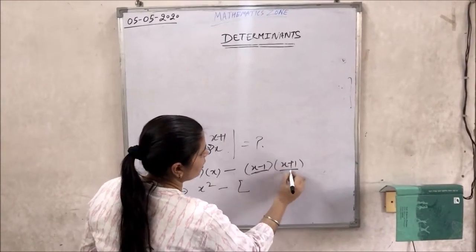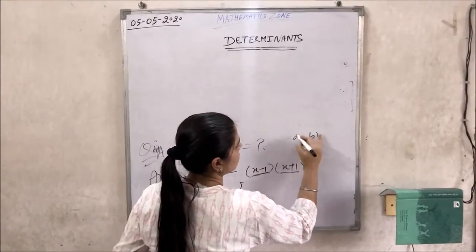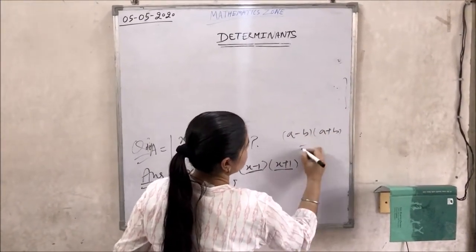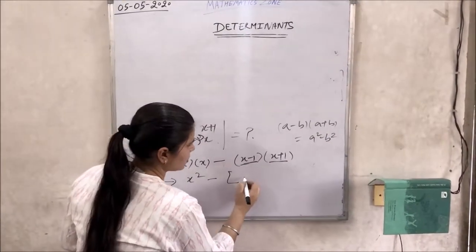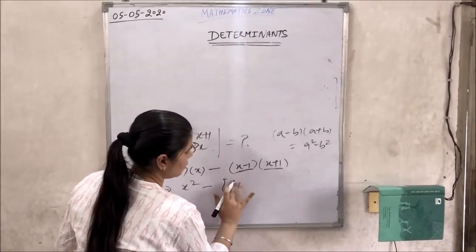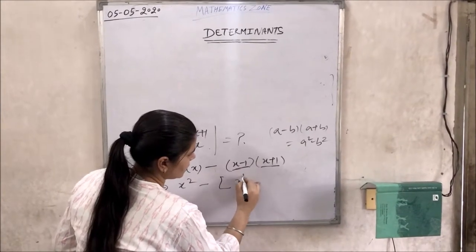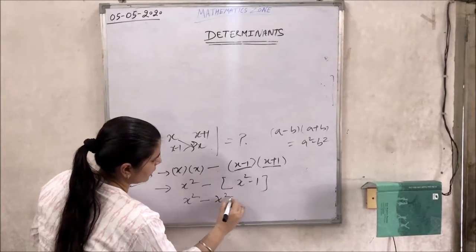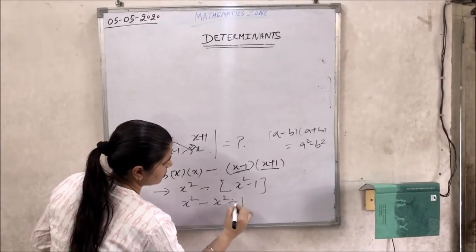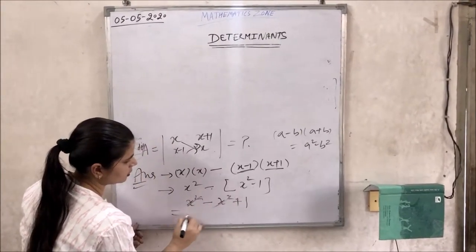We already have our identity, that is (a minus b) into (a plus b) is a square minus b square. We did it in lower classes. We simply put it over here, x square minus 1. So after solving, we get minus minus plus, this is 1.